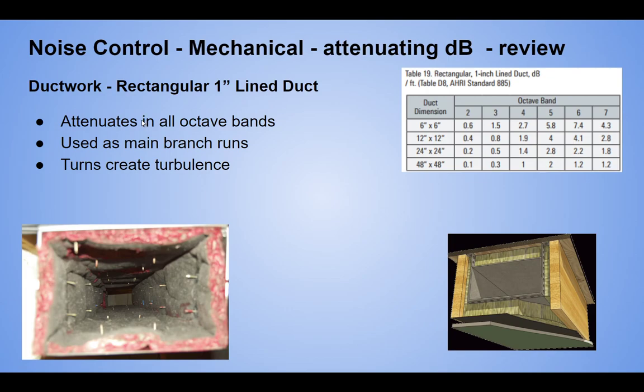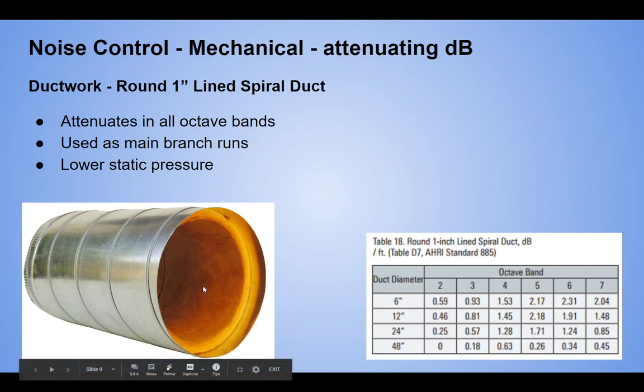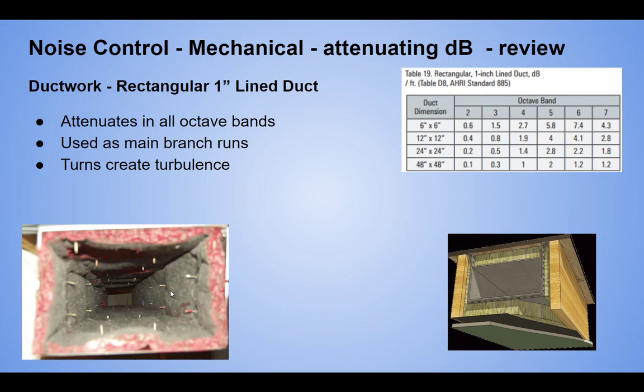Rectangular lined duct, same, all octave bands, used as main branch runs, and the issue with this is it creates turbulence. If we go back and look, the round looks pretty smooth, and it's going to have nice transitions when you have to make 45s or 90s. This, however, looks a little bit more convoluted. This is just stuck to the sidewalls. There's a little washer on here, and it pushes it in, holds it.